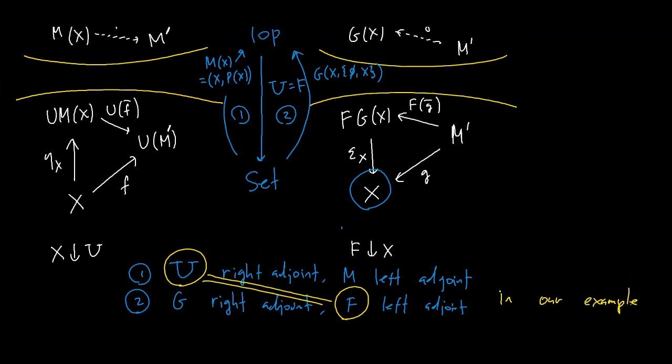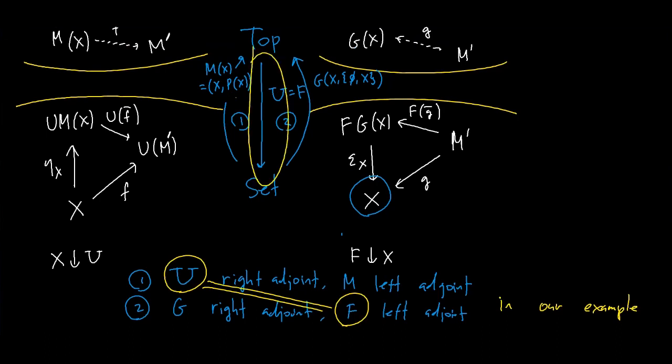So this functor is both a left adjoint and a right adjoint, but it's left adjoint and right adjoint to different functors. It's right adjoint to this discrete topology functor, and it's left adjoint to this indiscrete topology functor.